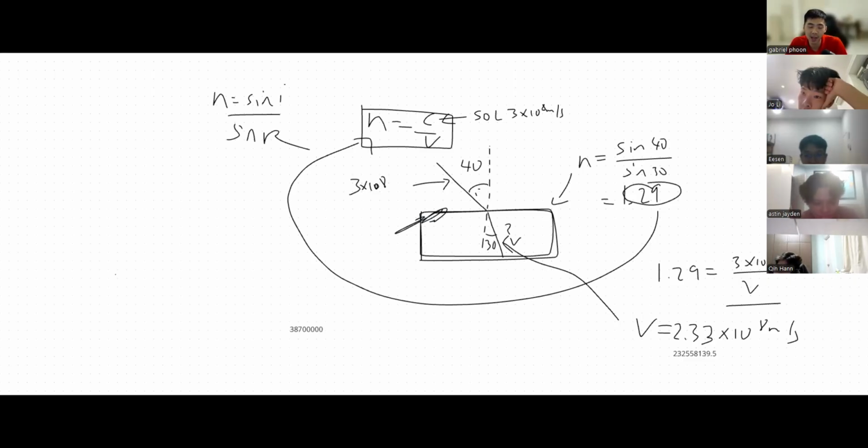Refractive index is basically how dense the material is, basically how much the light is going to bend in the material. Oh, I just times the refractive index with the speed of light. Not times, bro. V is supposed to be 3 times 10 to the power of 8 divided by 1.29, my friend.